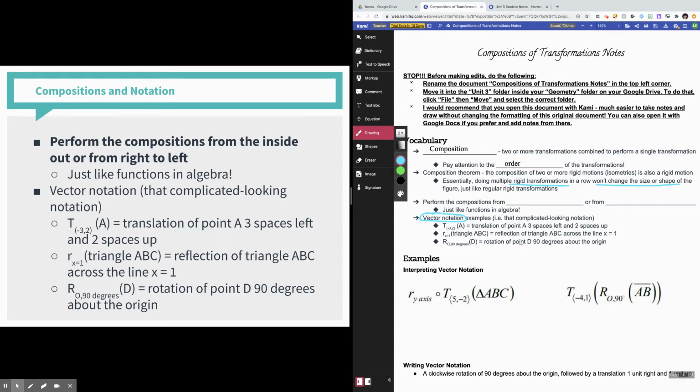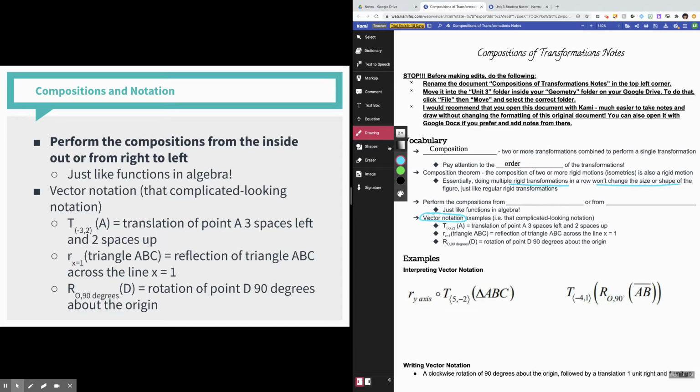That is typically what we use when we're doing compositions of transformations because it's shorthand and it's easier to write than the really long function notation. We usually use function notation if we're just doing one transformation so that we can easily track the points we're dealing with. But if you're doing a composition of transformations, usually we use vector notation, okay?